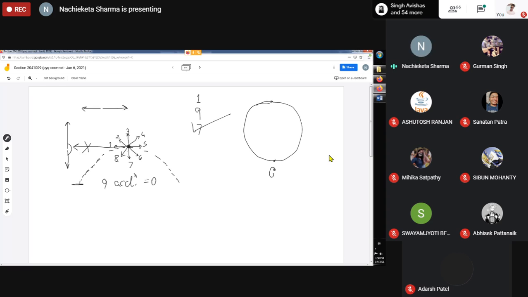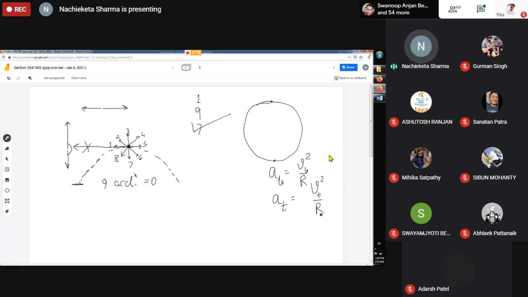A bottom is equal to V bottom square by R, and A top, that is the radial acceleration at the top, is equal to V top square by R. Of course, we need not use this formula; we can do it on our own.